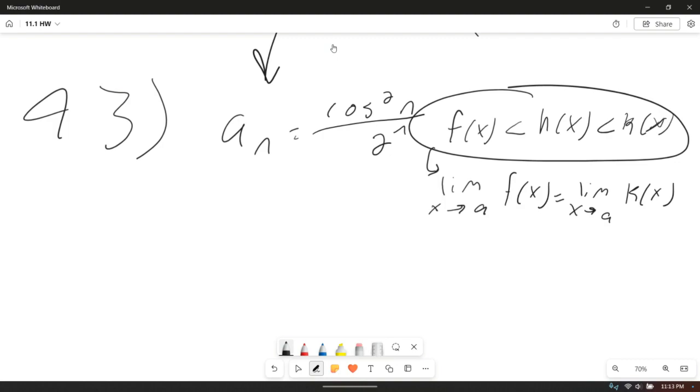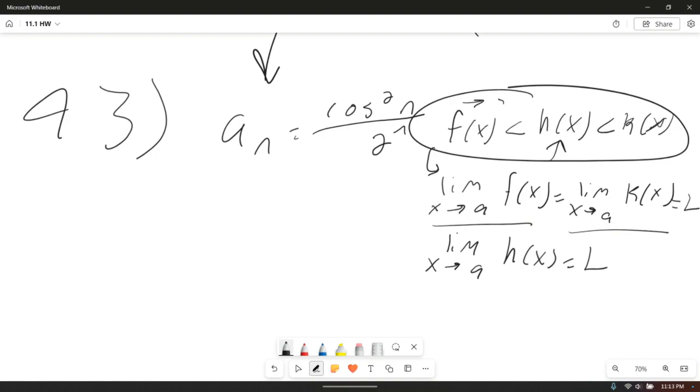if the limit of the left function equals the limit of the right function, then by definition, since it's kind of squeezed in there, the limit as x approaches a of h of x has to equal that same limit.